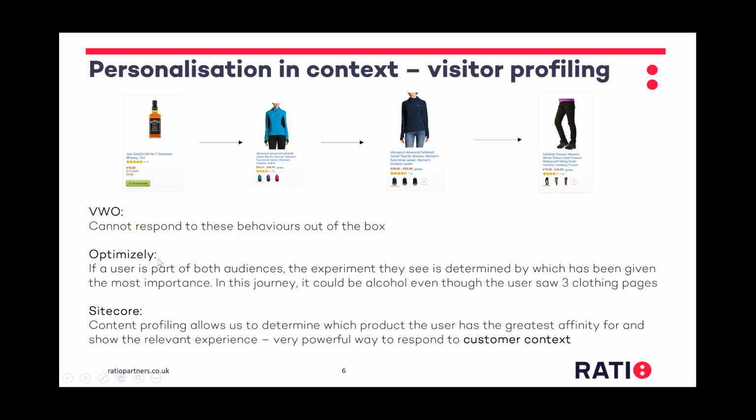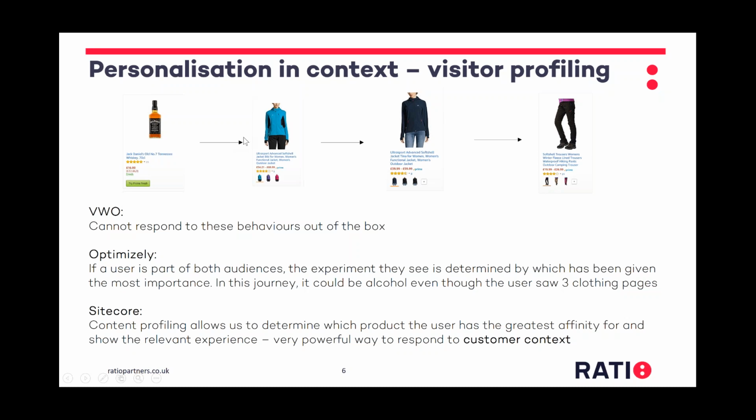Optimizely, you could define, for example, that where someone has viewed alcohol, then show them an alcohol banner on the homepage, or where someone had viewed winter clothing, then show them a winter clothing banner on the homepage.